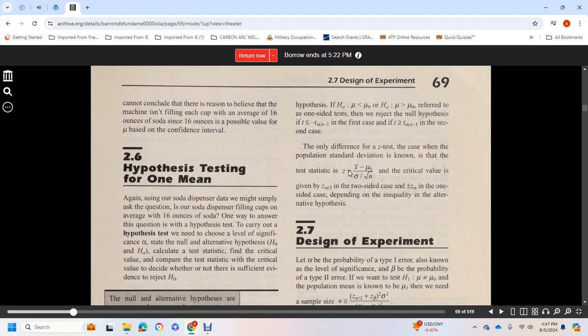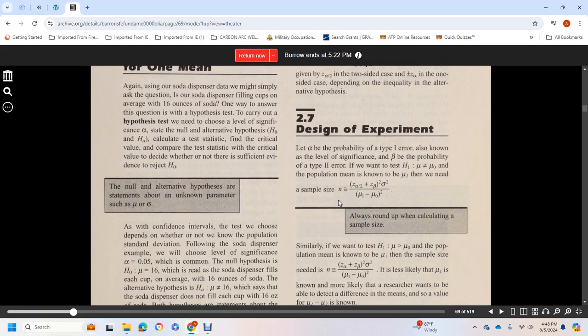The test statistic is z equals x-bar minus mu 0 over sigma divided by the square root of n. The critical value is z alpha over 2 for the z-test in the two-sided case, plus or minus z, and in the one-sided case it depends on the inequality of the alternative hypothesis.